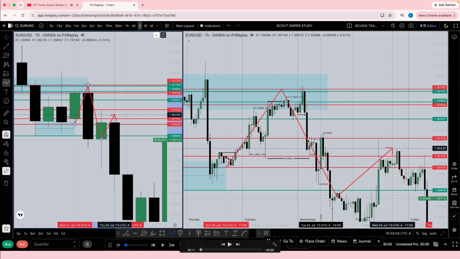Price expands down. This is another concept that you're going to learn as you go through ICT concepts, balanced price range, which basically this imbalance formed from the same place, then this comes up to rebalance it and then goes off to make it efficient.